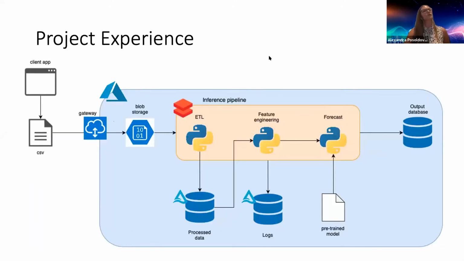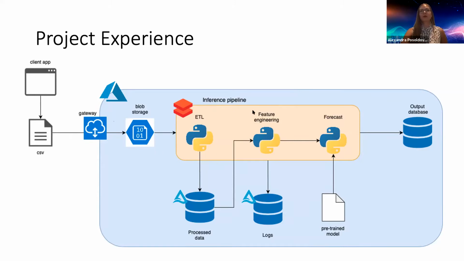And so from experience, the project that I was involved in, that actually finished recently, was again a forecasting task where the client app was producing CSV outputs on a weekly basis. This was then loaded to Azure using a Gateway into a blob storage, and the blob storage was mounted into Databricks.